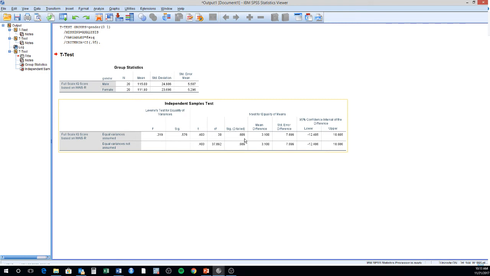And the p-value here is 0.68, which translates roughly to: for the 3.1 point difference that you observe, there's a 68% chance that this difference is due to random chance. Because this probability is above our threshold of 0.05, we're going to have to accept the null hypothesis as being true.